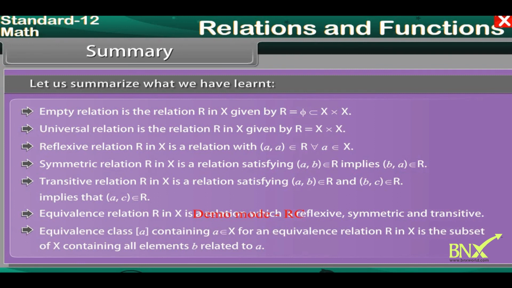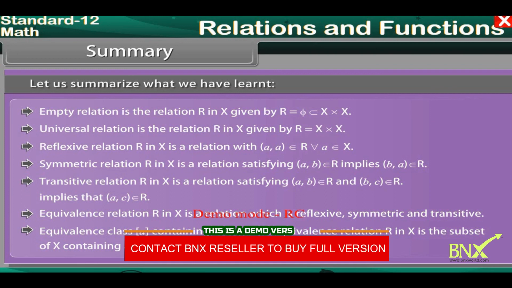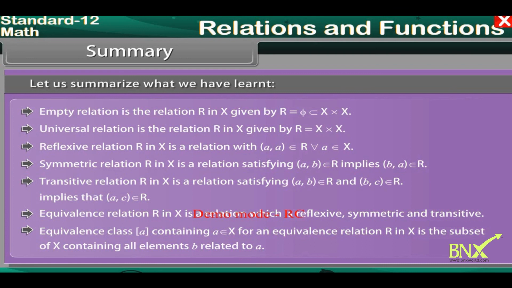Equivalence class [a] containing a belongs to X, for an equivalence relation R in X, is the subset of X containing all elements b related to a.